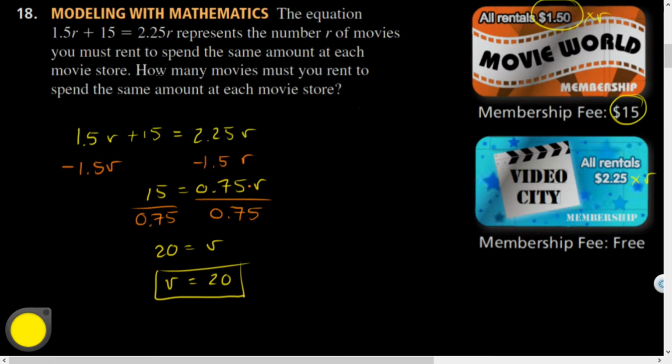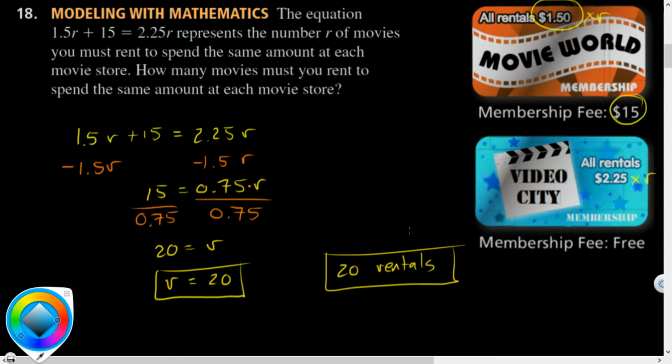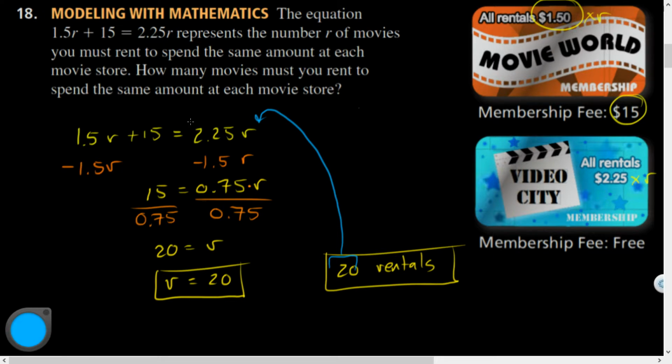Now, let's answer. I'm going to say 20 rentals, 20 movies is what it takes for each movie store to charge you the same amount. Now, what if I followed up with, what is that amount? How much do 20 rentals cost? I could take this 20 and plug it in this side and evaluate it, or plug it in this side and evaluate that.